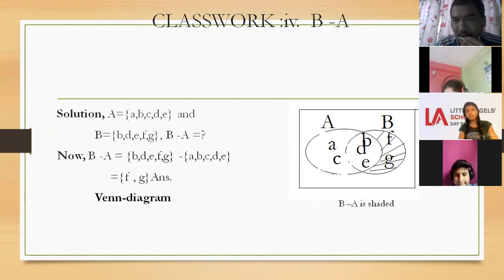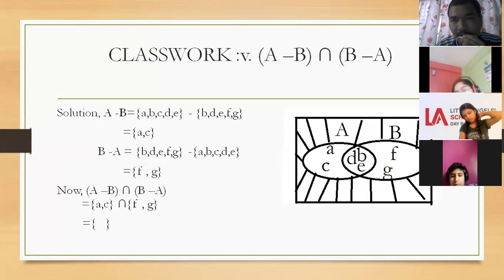Now I am going to show you the next slide, and in this question we have to solve it like this. See here, children, I am showing this together. First of all, we have to do this.